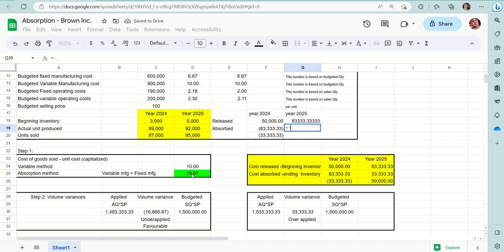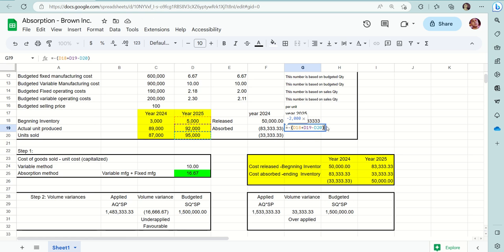And we would have our ending inventory, which we have to figure out. We had 5,000 units at the beginning. We produced 92,000. We add that. And then we sold 95,000. That would give us 2,000.